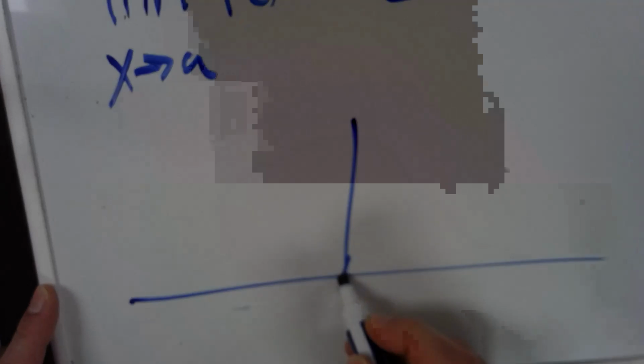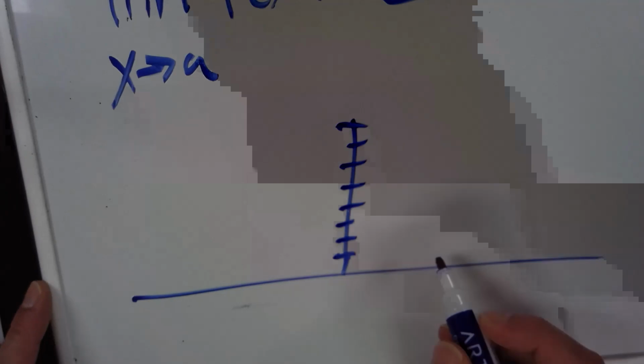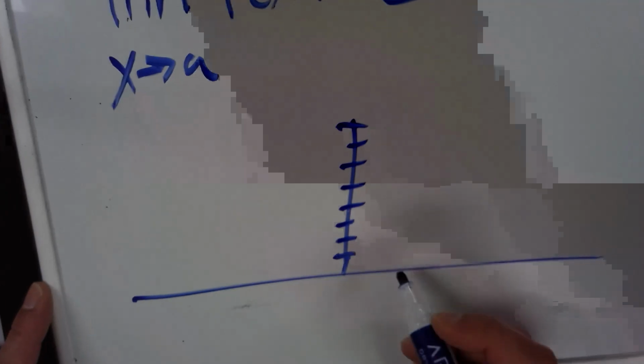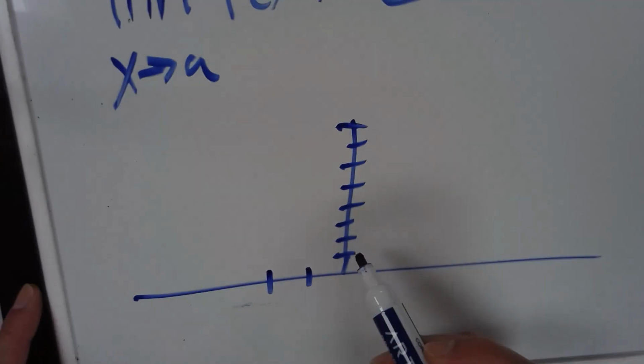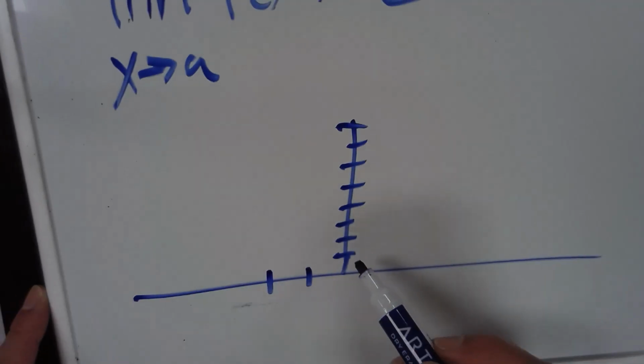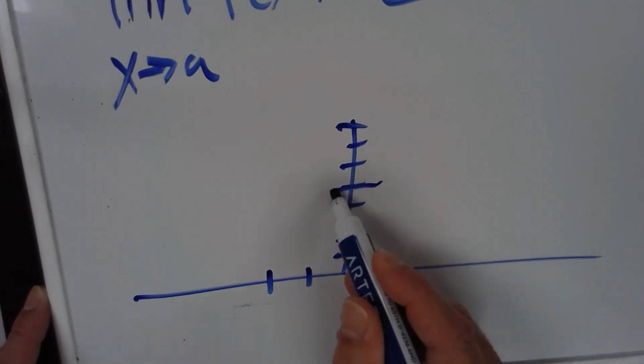So from the right, because we're going to negative 2, right? So from the right, it's 5. So like this, and then from the left, it's 8.